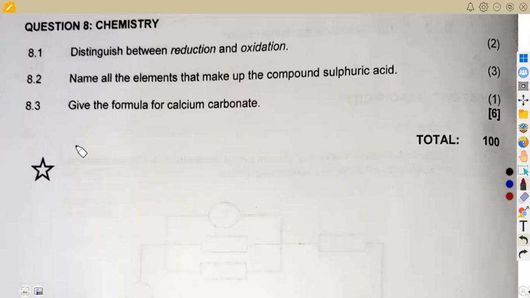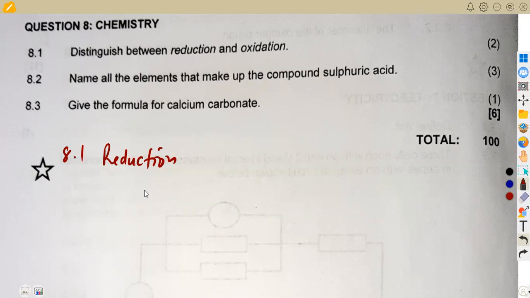As we know, there is a reducing part there, and then oxidation. In terms of electrons, reduction is simply a gain of electrons, while oxidation is a loss of electrons. So something is gaining and something is losing.